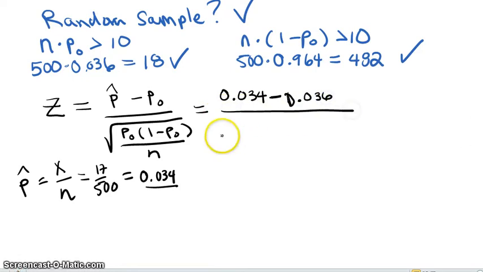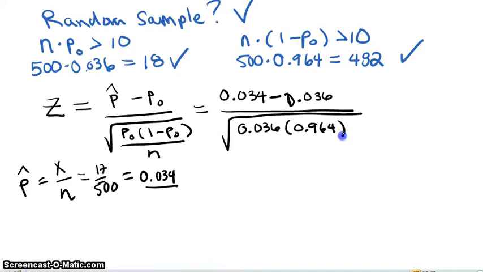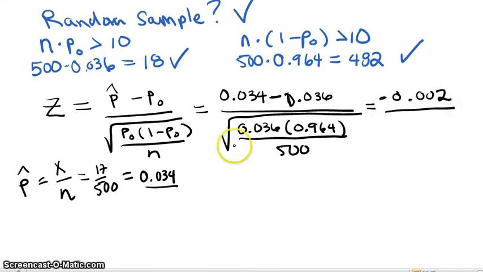This is then all divided by, all under the square root, 0.036 times 1 minus 0.036, which in this case is 0.964, divided by then 500, my sample size. So here for my numerator, I get a negative value of 0.002.